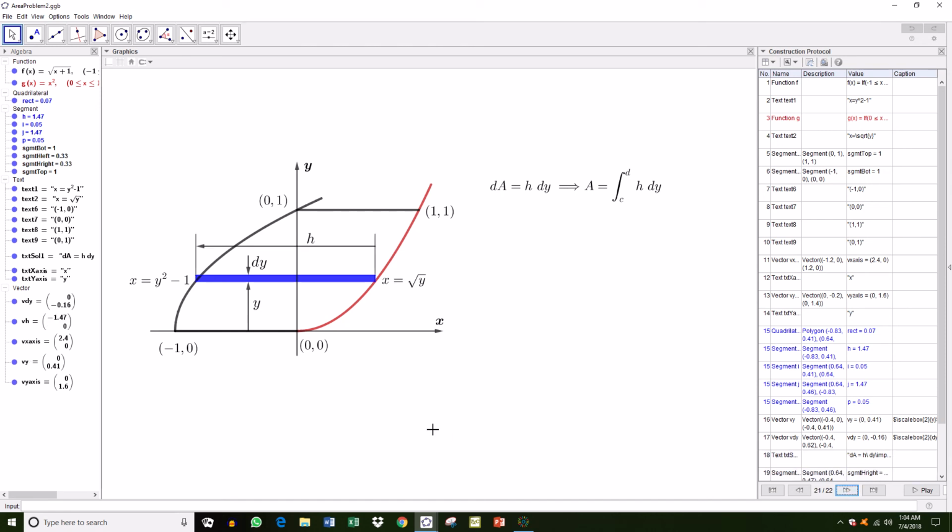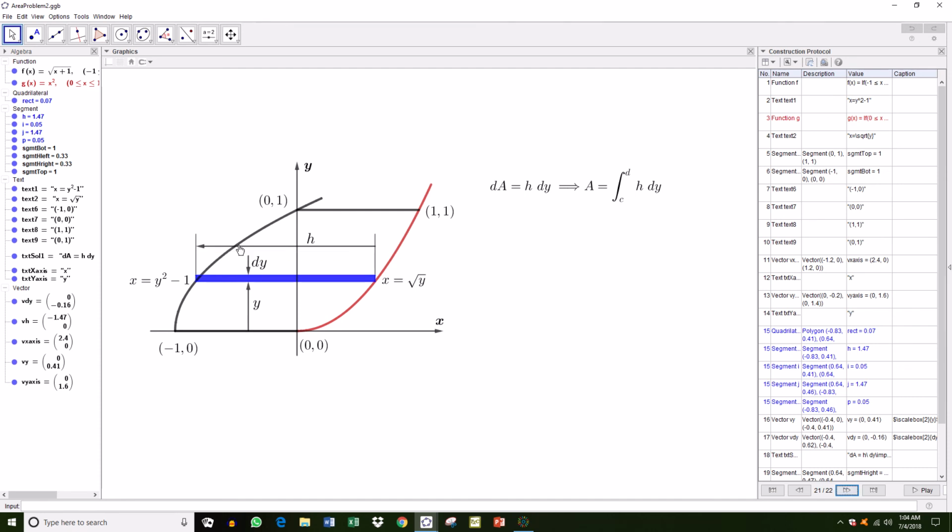Now here again, we want h to be positive, right? But we are measuring h in a horizontal direction. You agree? Because of that, in order to get a positive value, this is what we must do. We must subtract from the right side value the left side value. For example, I'll give you in terms of numbers. Let's say this were to be 3 and this were to be -2.